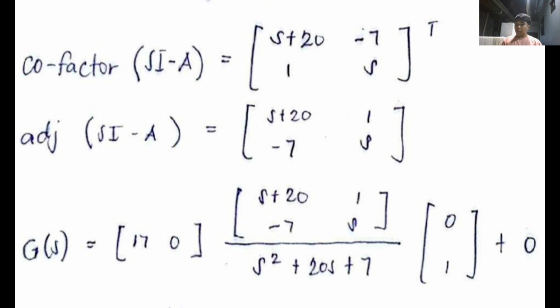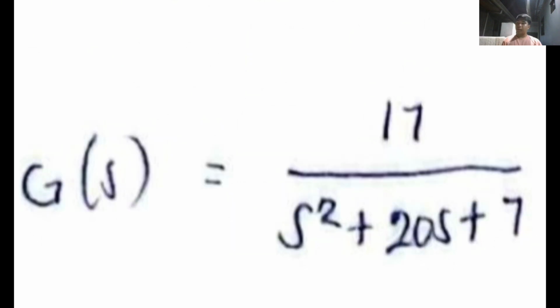And G(s) is equal to C [17, 0] and the adjugate [s plus 20, 1; negative 7, s] over the determinant s squared plus 20s plus 7, and the B [0; 1] plus the D 0. After solving all of that, we can find G(s) is equal to 17 over s squared plus 20s plus 7.